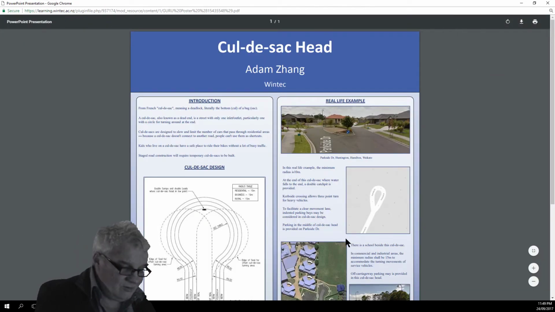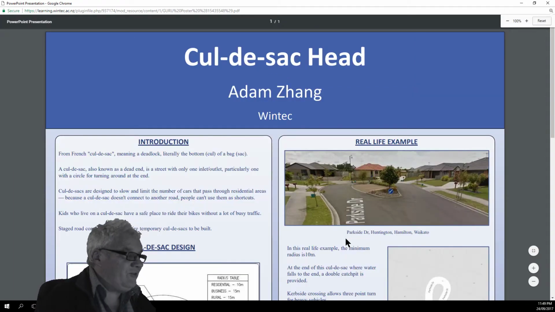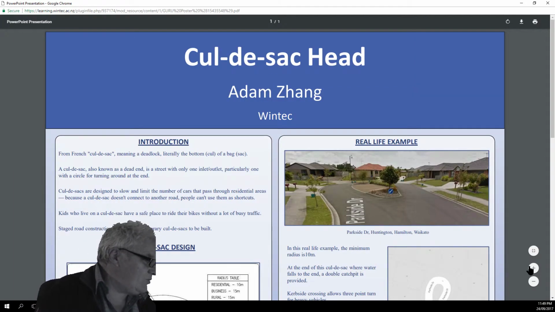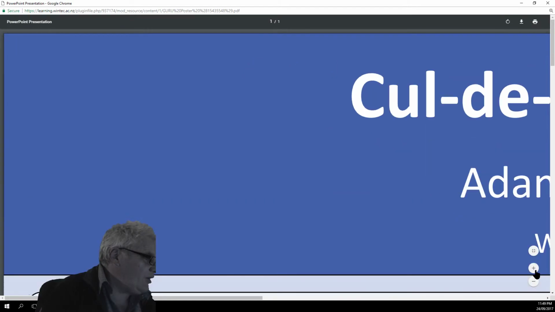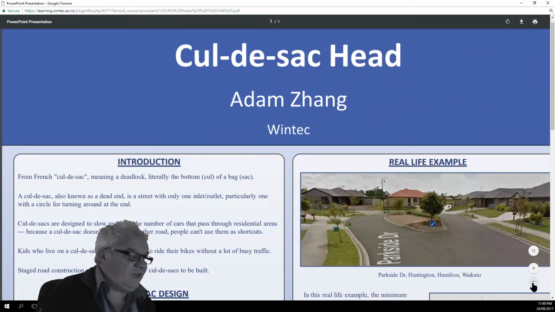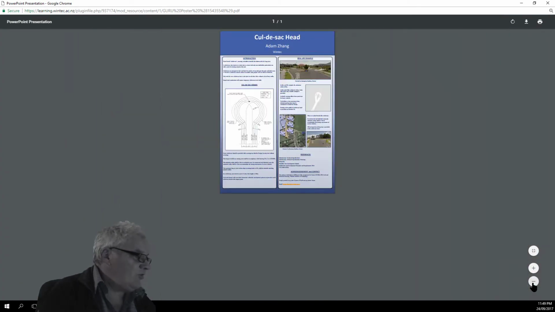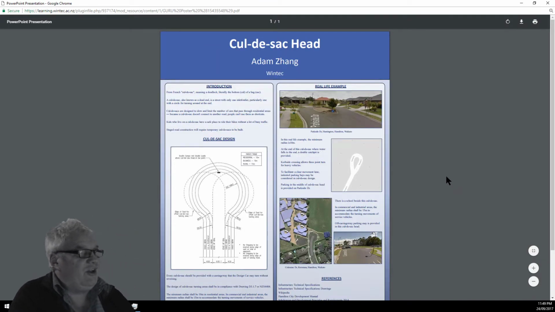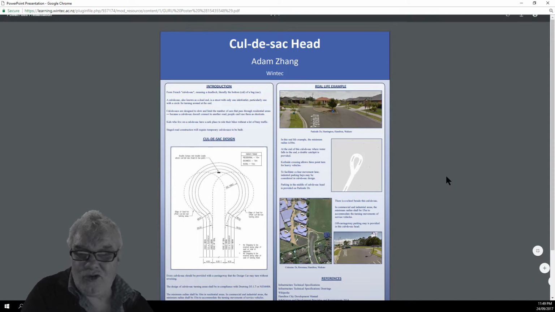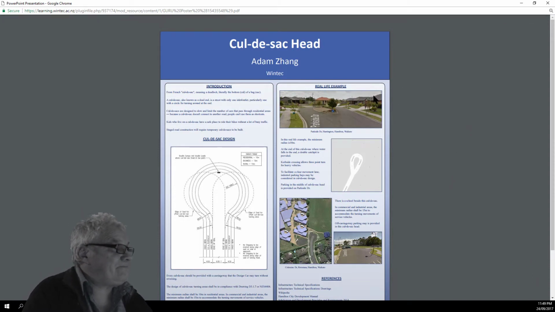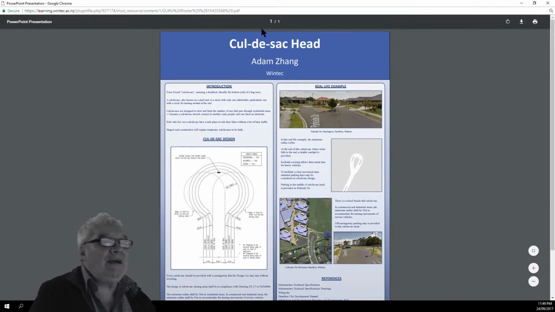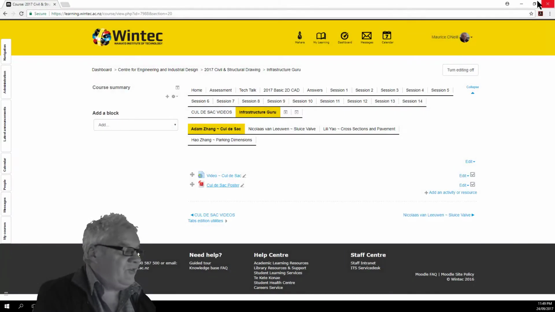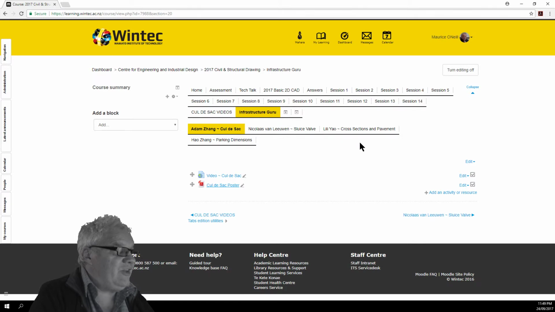So that's all starting to come together very well. A nice poster there on the cul-de-sac. That sort of information may well be of some use to you as you work through the civil project or complete the civil project. So there's some of those there.